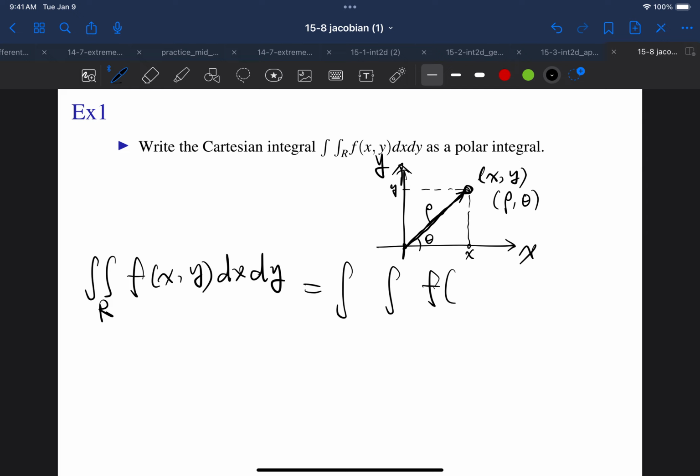Maybe f is in terms of rho theta, so I can write x(rho, theta) and y(rho, theta). And I need to multiply by a Jacobian and d rho d theta. So you need to find out those things, of course the Jacobian too.